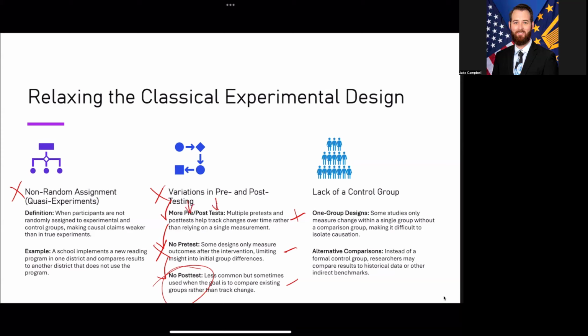Lack of a control group is another. Sometimes we have one group designs, meaning there's only a treatment group. There's no control group. That might be either intentional or because there is no comparable option, right? We might be looking at a government program that provides services to single mother immigrants who don't speak any English and earn below the federal poverty limit and also have a diagnosis of HIV, right?